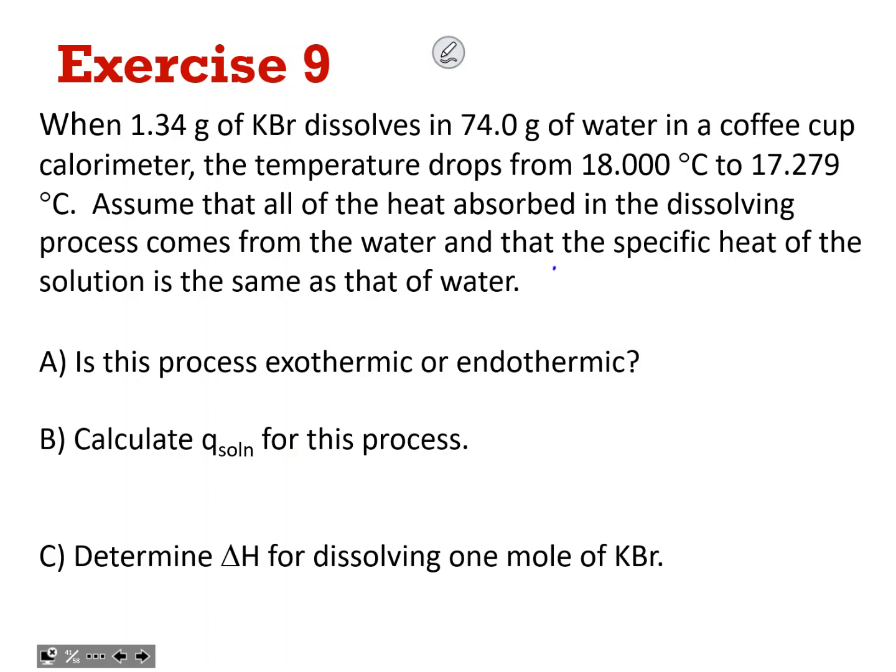So I'm going to go with the 4.184 here, because that is our specific heat of water. We could go look that up on our table in the beginning of the notes. Now, is this process endo or exo? This would be endo because the temperature dropped, so we know that. Okay?